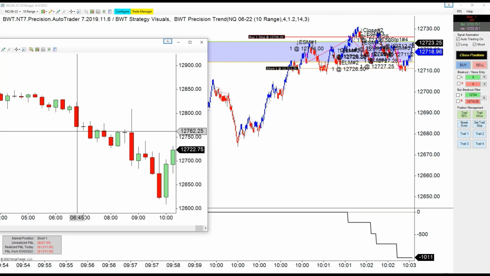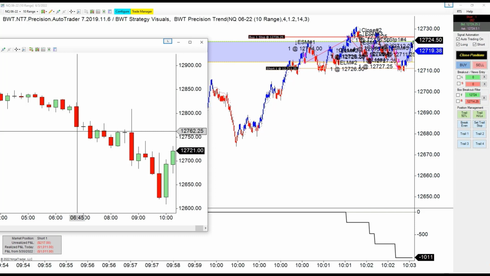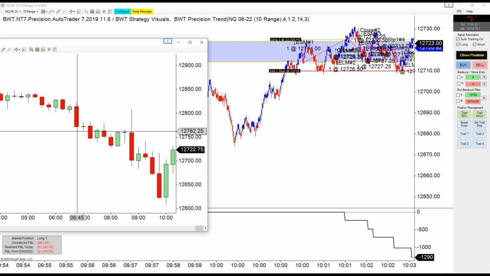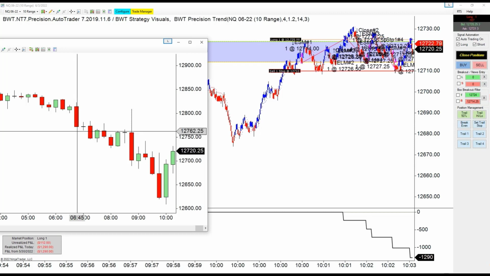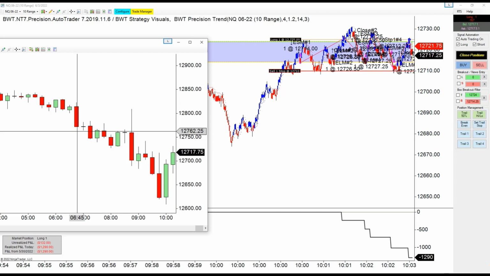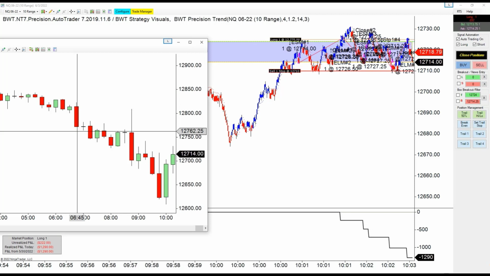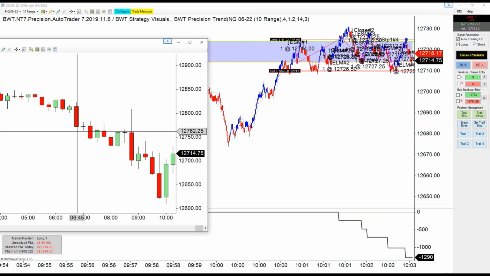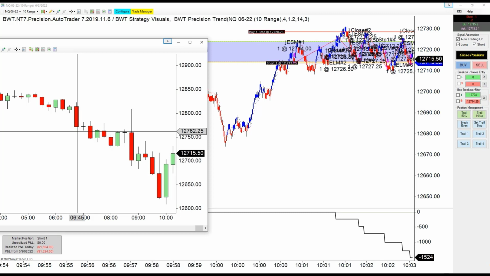And you can see, this is a good example of what a narrow box could do as I am flipped to the long side, down 1,200 and change. Yeah, so that is bad. However, the Nasdaq is going to move, and the AutoTrader will recover, taking another loss, down 1,500 and change.